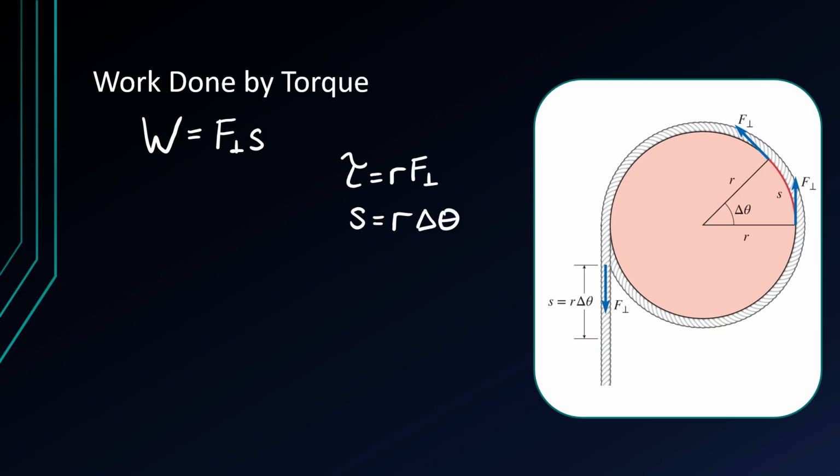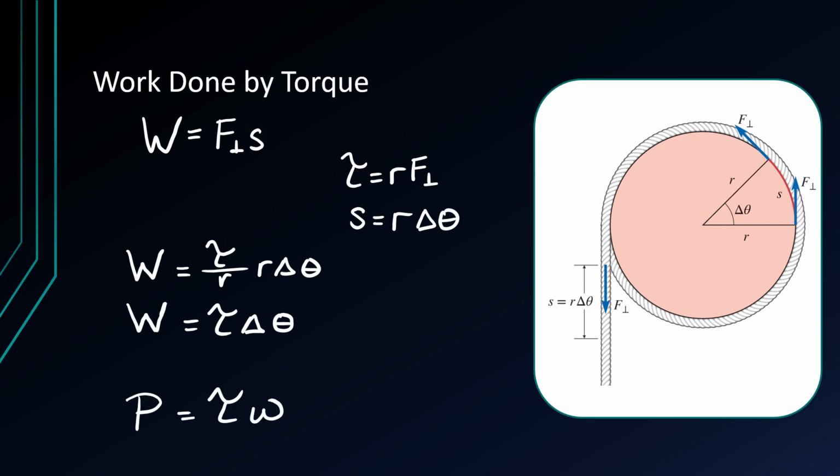I can state that torque is equal to R times the perpendicular force, and arc length is equal to R times my change in angle, my change in theta. So work is equal to torque divided by radius times the radius times change in theta. Simplified, work is equal to torque times delta theta, my change in angle.